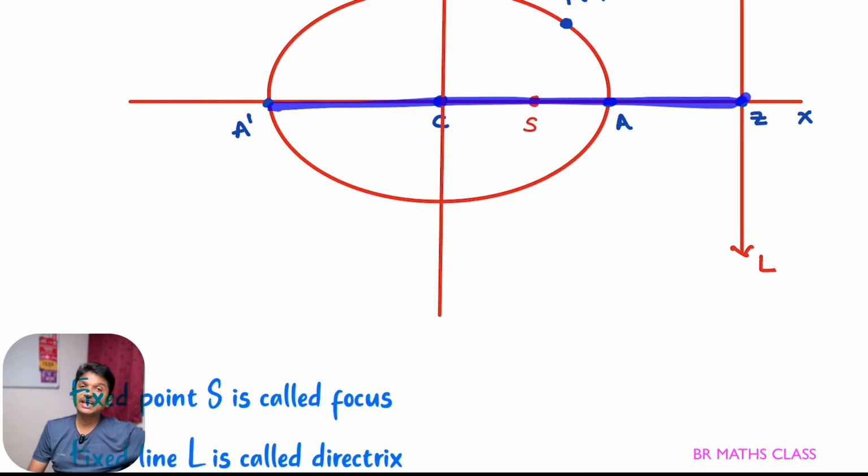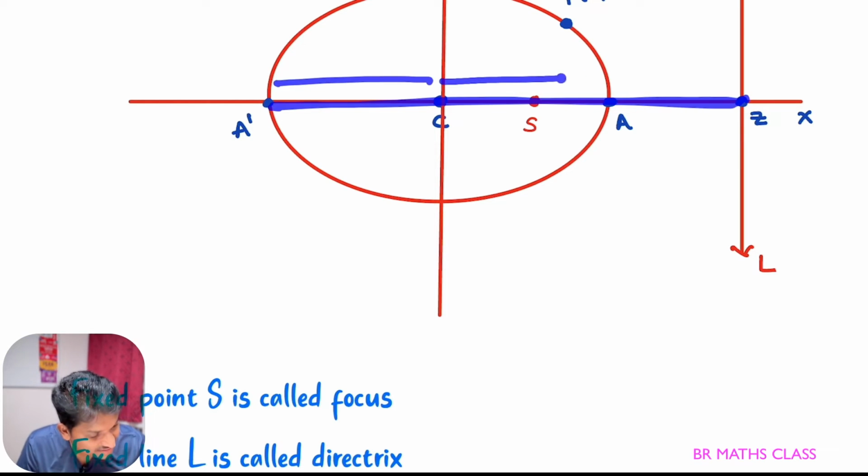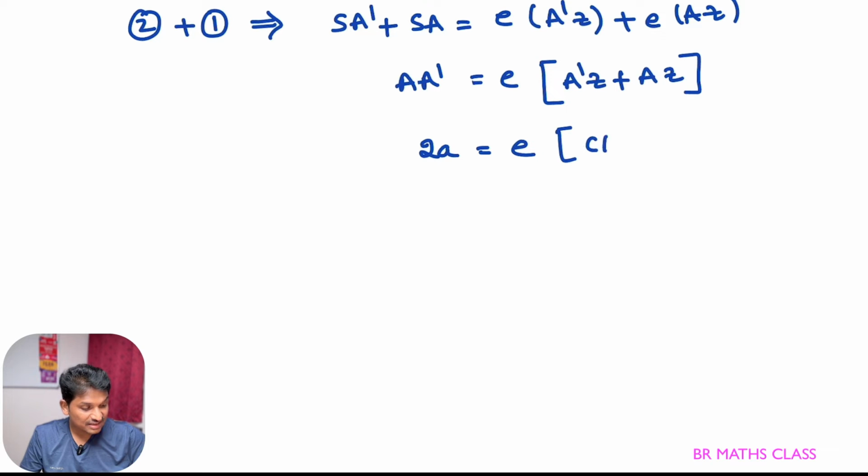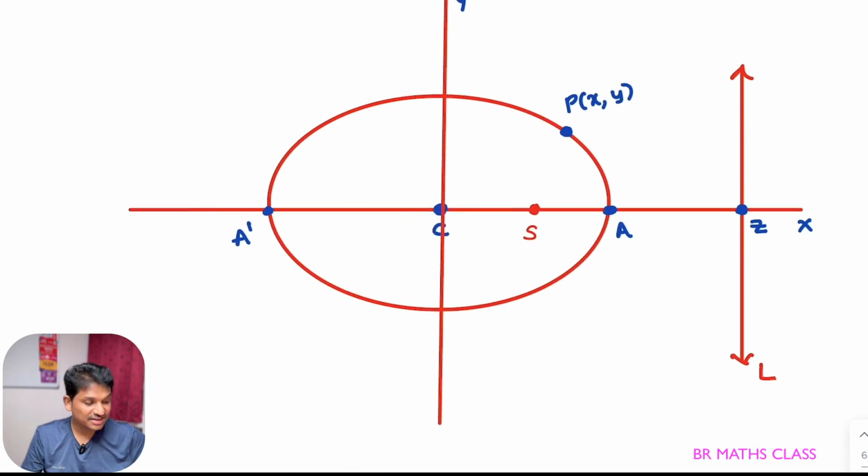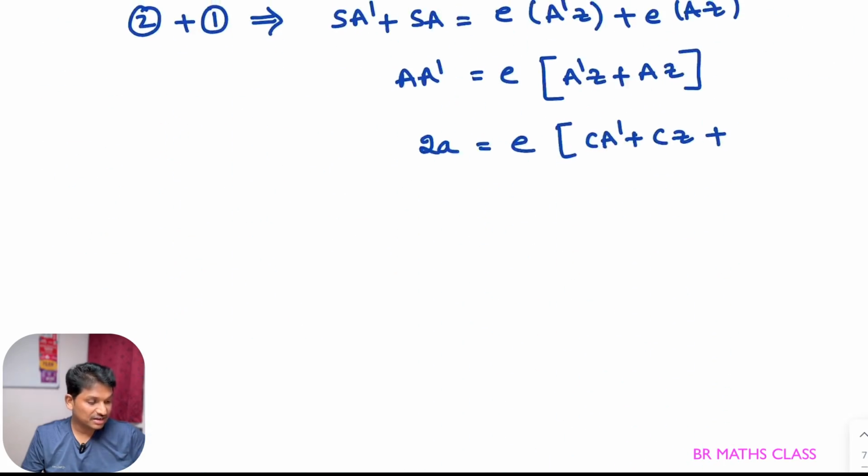I'll write it like this: CA' plus CZ. CA' plus CZ is A'Z. I hope you are understanding, right? I'll write it as CA' plus CZ, plus AZ.